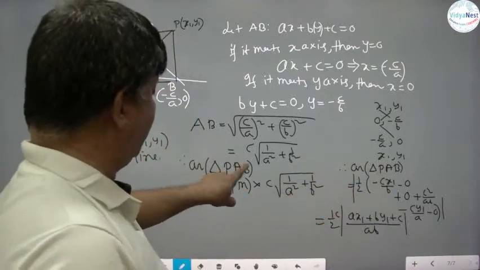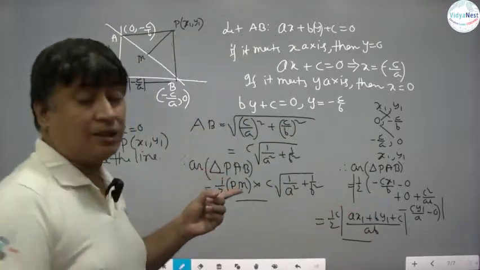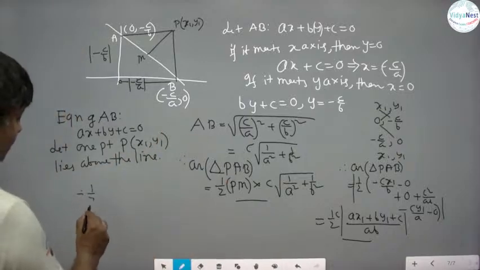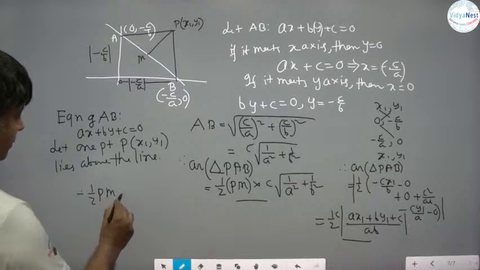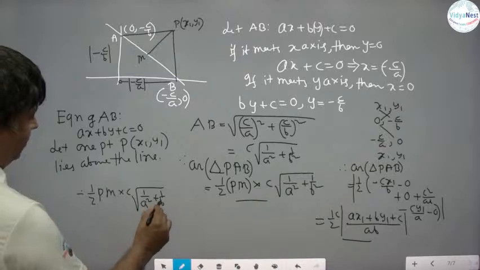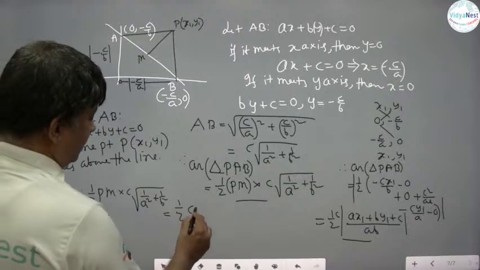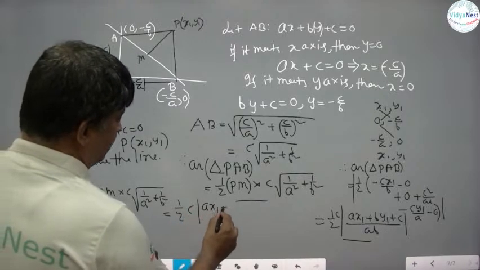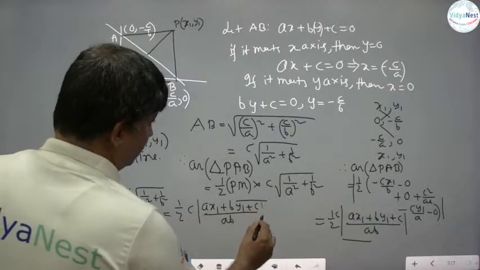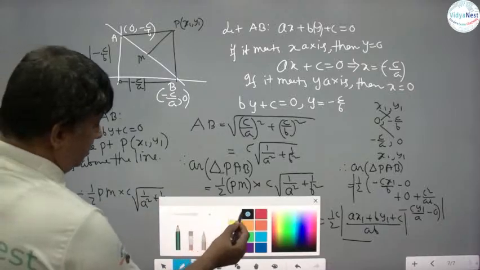This is the area of the triangle by mensuration, but both results depict the same area, because this is the area of the same triangle. So I can write half PM into c root of 1 by a square plus 1 by b square is equal to half c times a x1 plus b y1 plus c by ab. Now you complete the calculation. c will be cut from both sides.